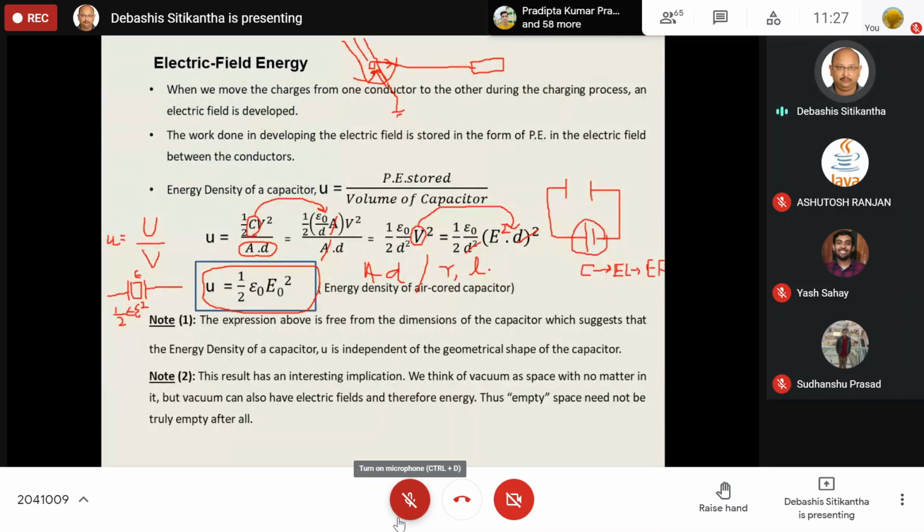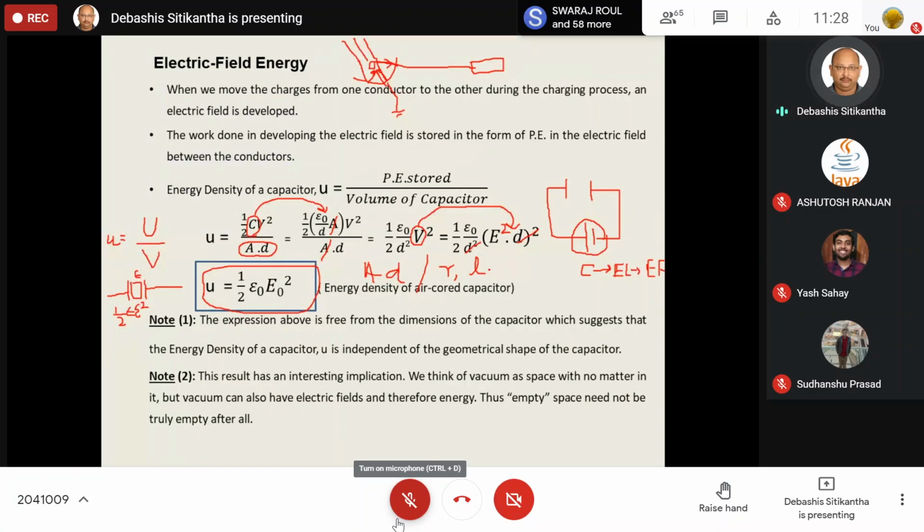That means even if you try to pump out air from a volume using the most sophisticated technology, there will still be some amount of air left inside. And this air has some matter, and obviously if it has some matter, then it is going to store the energy.